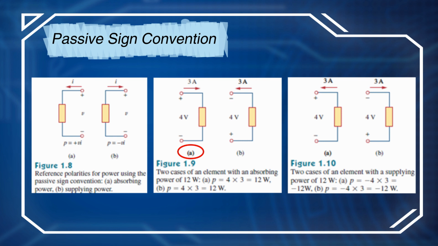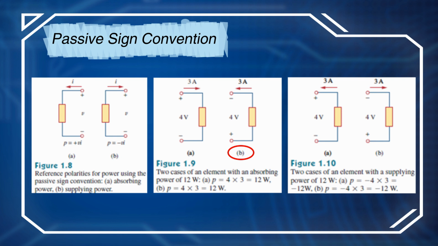Then we can calculate the power P absorbed equals 4 multiplied by 3, which equals 12 watts. For Fig B, the current 3 amperes enters the element through the positive polarity of the voltage 4 volts, so we calculate 4 multiplied by 3 and get 12 watts as well.